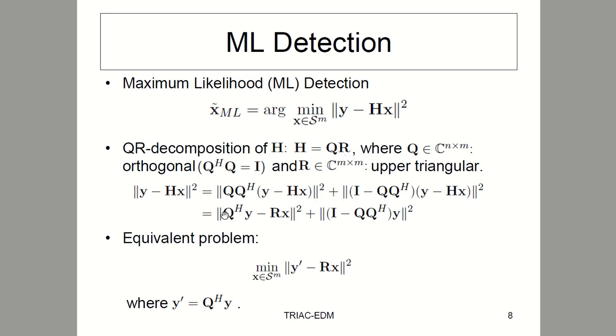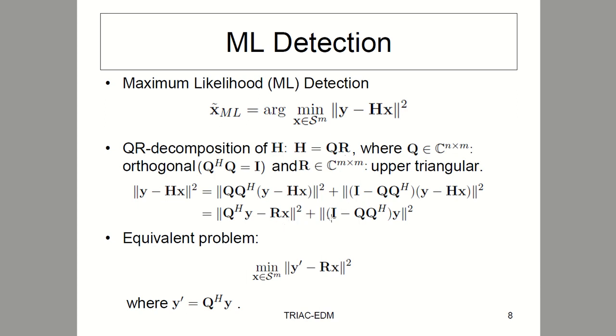Then you do some conversion and go down to here: you have the norm of Q^H y minus Rx squared plus the norm of (I minus QQ^H) y squared. But I want to bring up that minimizing this whole thing is equivalent to minimizing just the first part.